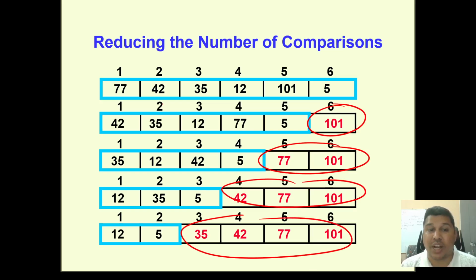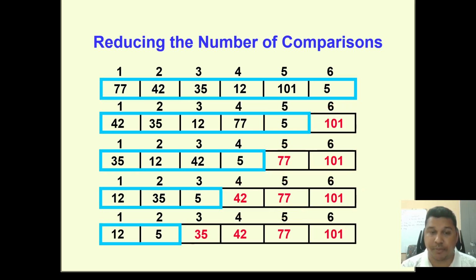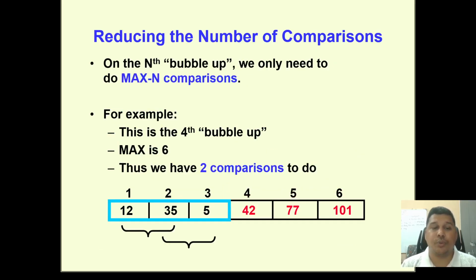So our focus area is reducing, like our focus area was reducing in binary search. Same thing, my array length is decreasing from n minus 1, n minus 2, n minus 3, n minus 4 and so on. The area where I am focusing is reducing. Okay, so that's it about bubble sort.